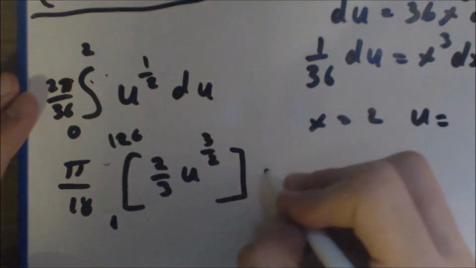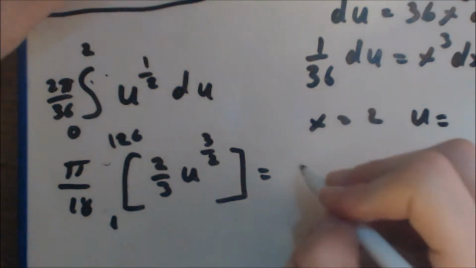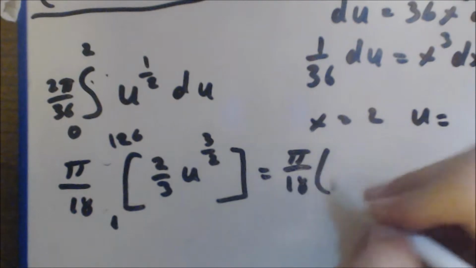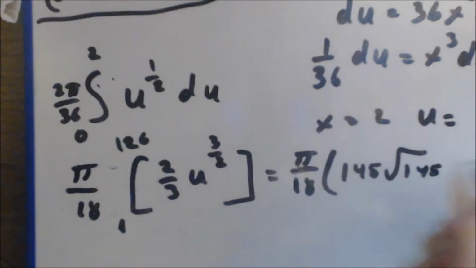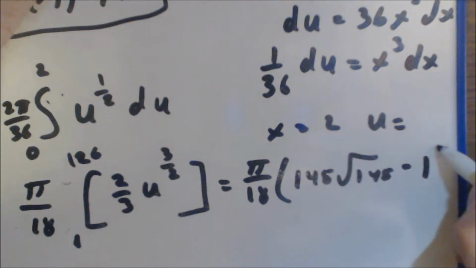So this is going to be equal to pi over 18 times 145 radical 145 minus 1.